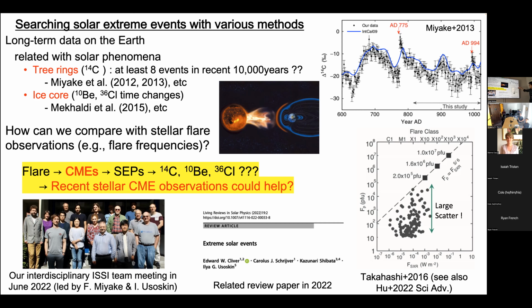So we have a flare frequency distribution around here, but there is a large scatter. So we want to constrain it. So then we have to go step by step. We have a superflare observation here, but we don't know how coronal mass ejection occurs. So this is a topic that should be investigated.